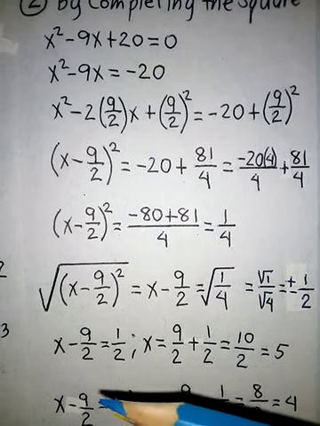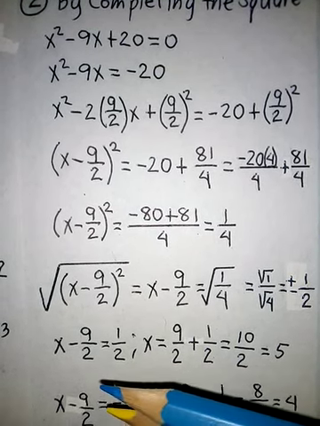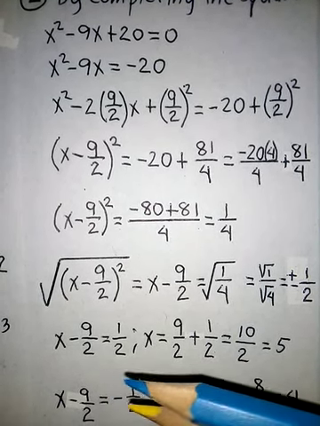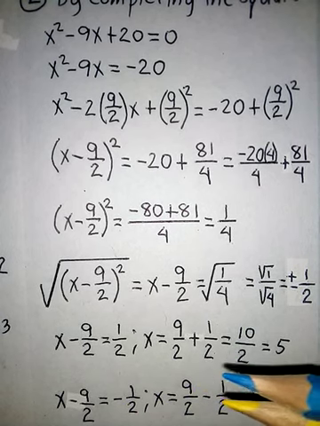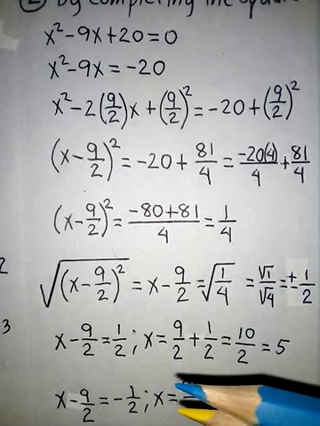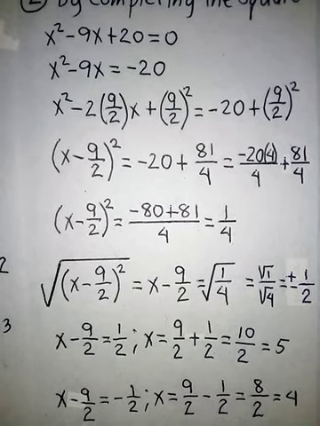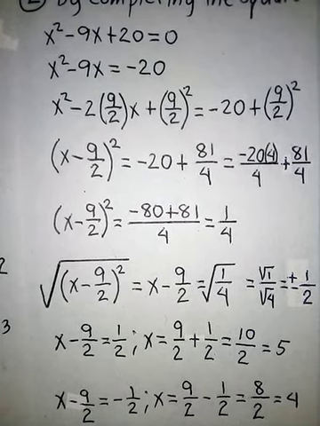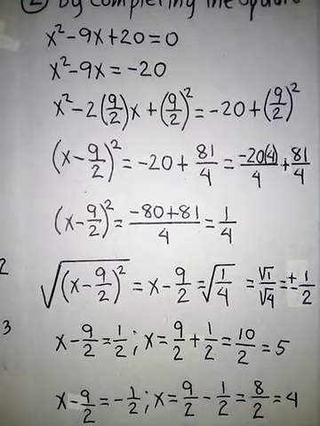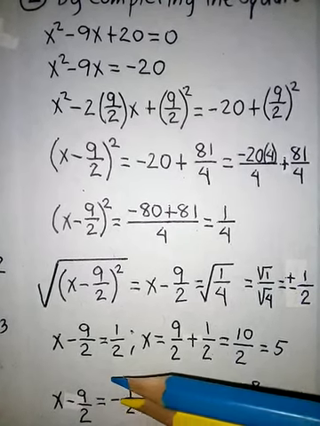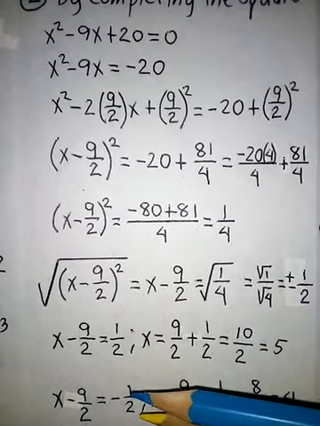And then the other one, x minus 9 over 2 is equal to negative 1/2.